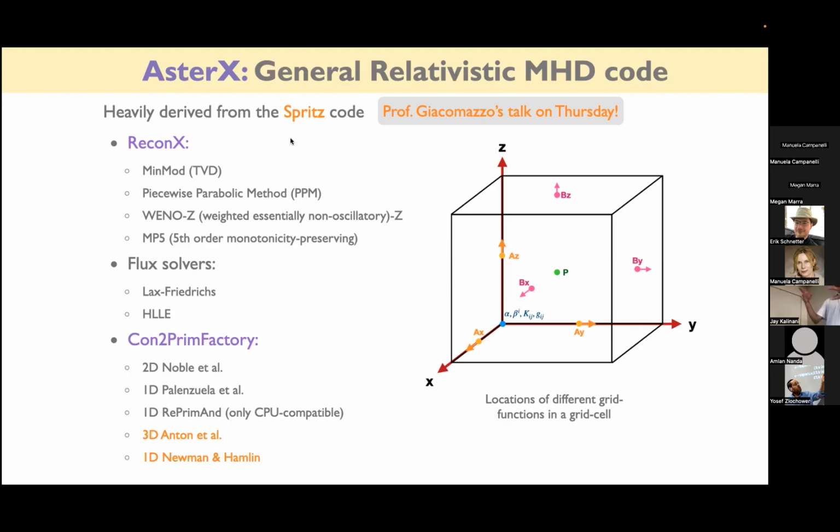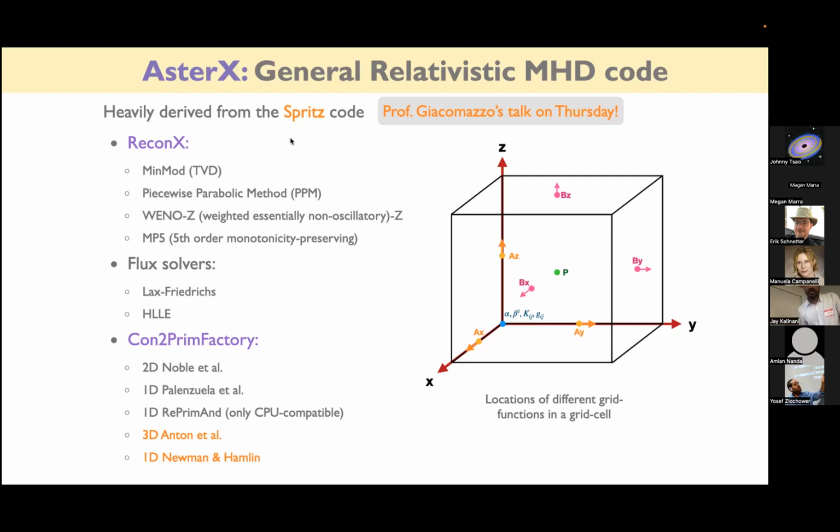So I'm assuming the question relates to whether you have some AMR strategy when you have the outflows going away from the source, and any criteria on how to compute or follow that outflow. We haven't reached that point yet, if I understood the question correctly.